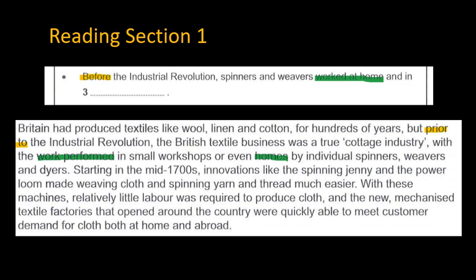Worked at home, so work performed in small workshops or even homes. So we're looking for 2 places where they worked. Worked at home and in what? So what does it say there? In small workshops. However, it's one word only. So we'll choose workshops. Small wouldn't work on its own as that's just an adjective. So number 3, workshops, like very small factories.